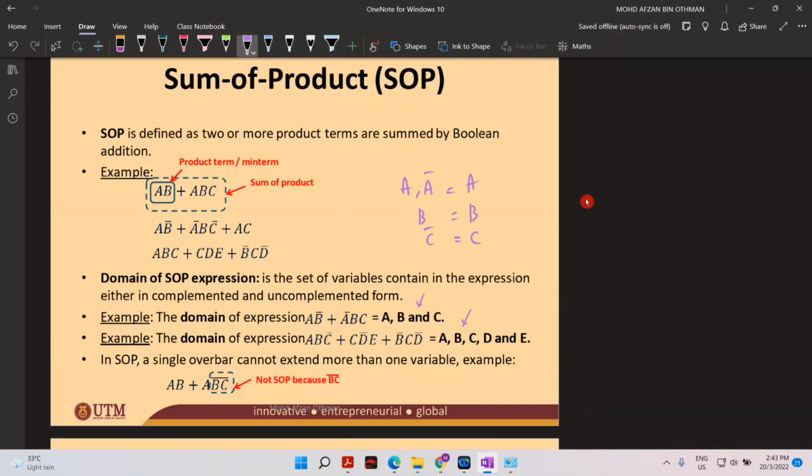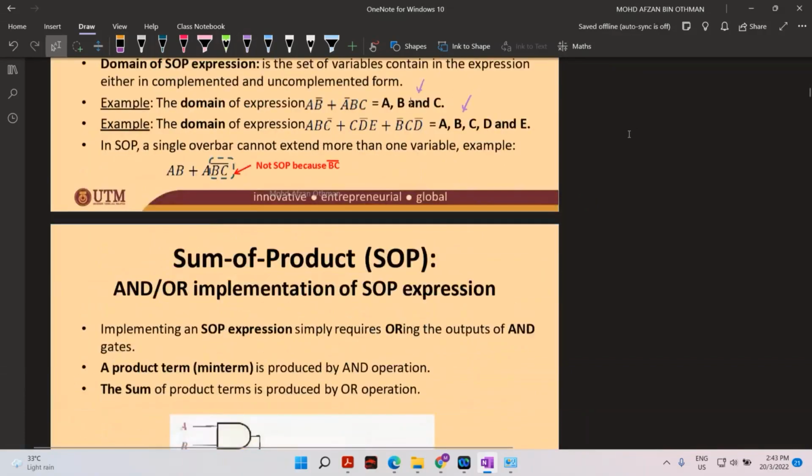So this is not a sum of products. Okay, because the B, C bar here shares the same bar. So you have to simplify first. Okay, you have to break it down first by using De Morgan's theorem so that this bar is not shared from one variable to another. Okay, so that is for the sum of products.